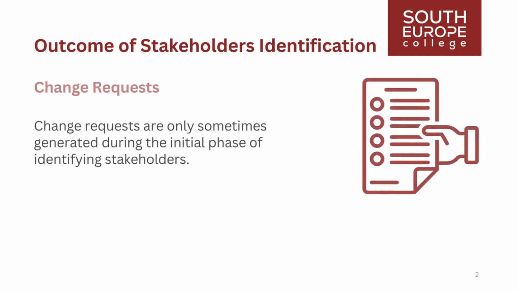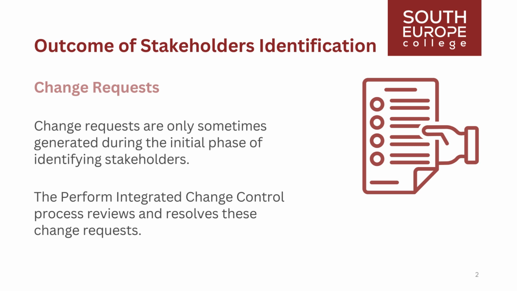Change requests are only sometimes generated during the initial phase of identifying stakeholders. However, as stakeholder identification continues throughout the project, discovering new stakeholders or additional information about existing stakeholders may necessitate change requests. The Perform Integrated Change Control process reviews and resolves these change requests.